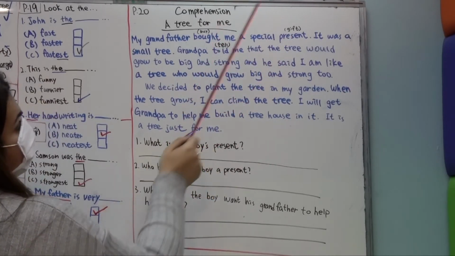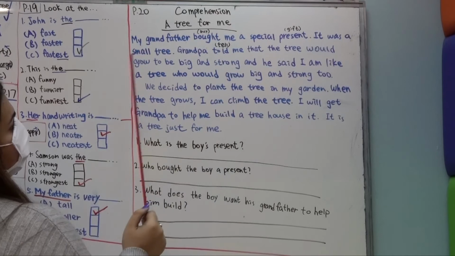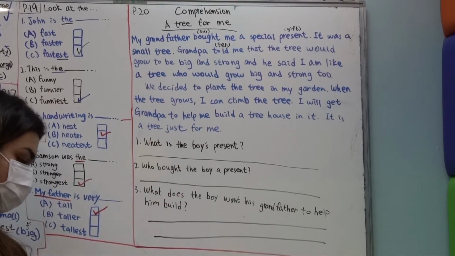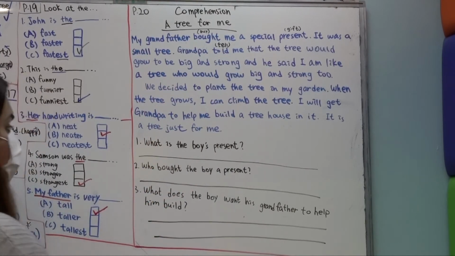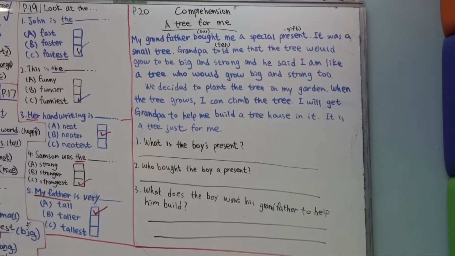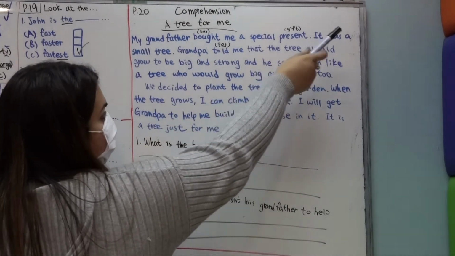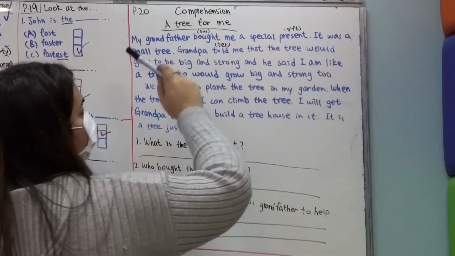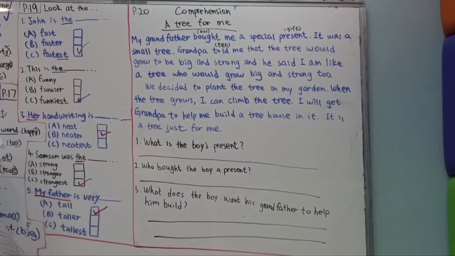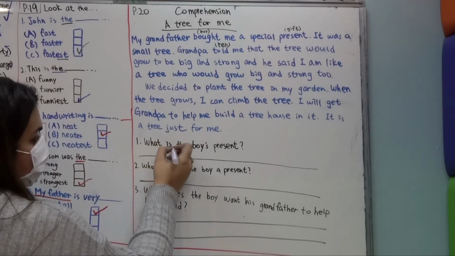It's like here. It was a small tree. So, the boy's present is a small tree, okay? In the comprehension, it says it was a small tree, right? But here they ask you, what is?